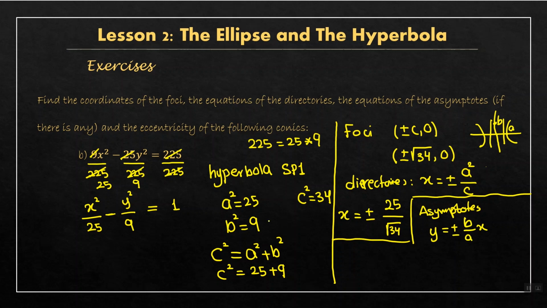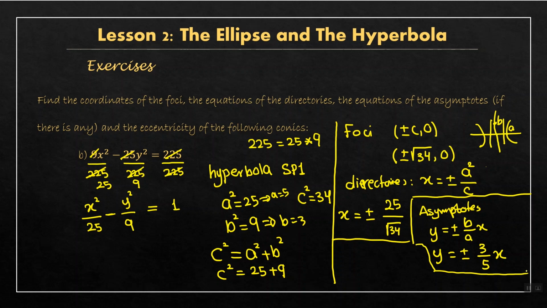How much is b? b is 3. It's the root. And how much is a? a is 5. So it will be y equals plus minus 3 over 5 x. So these are the asymptotes. I'm sorry if this is not organized well.